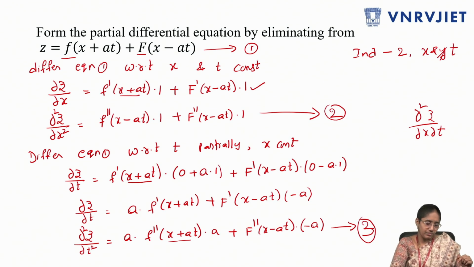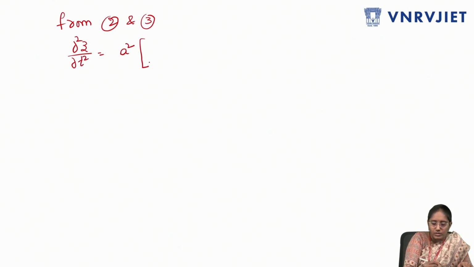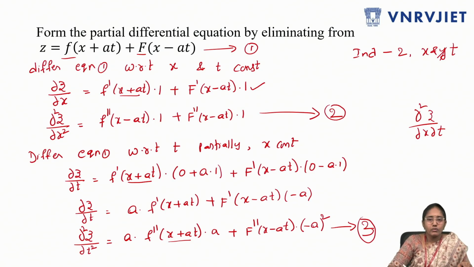Here, if we observe equations 2 and 3, if we take a² as a common from the third equation, then we can relate with equation 2. We can eliminate small f'' and capital F'' from equations 2 and 3. ∂²z/∂t² is equal to, take a² as a common from equation 3.